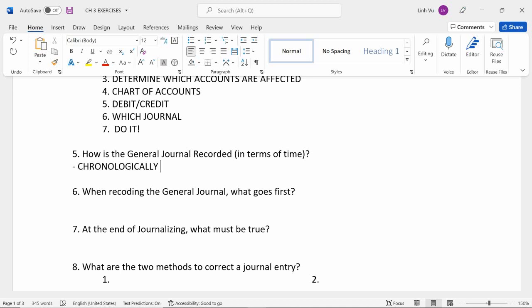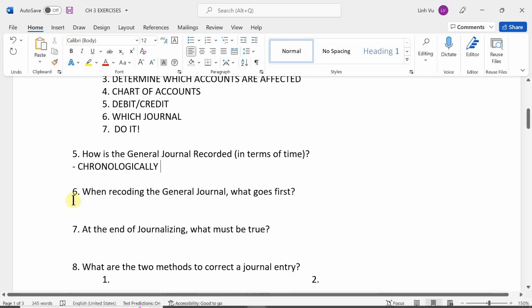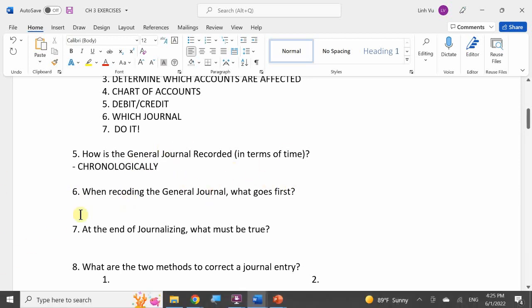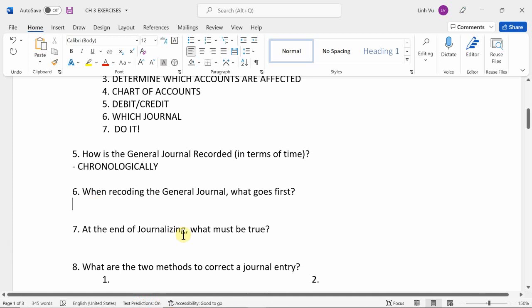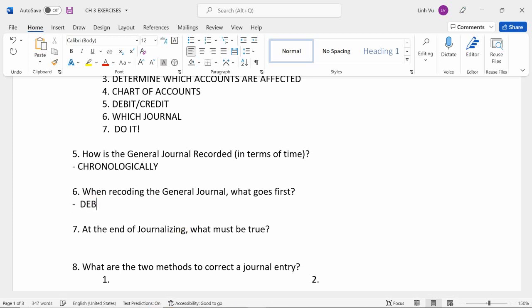You have to record the dates in order. Number 6, when recording a general journal, what goes first? Debits. Yes, your debits go first. And of course, that means your credits go last.